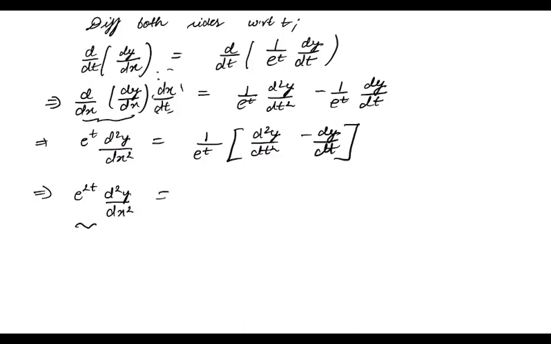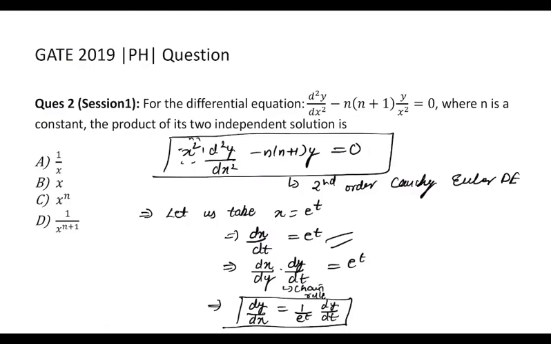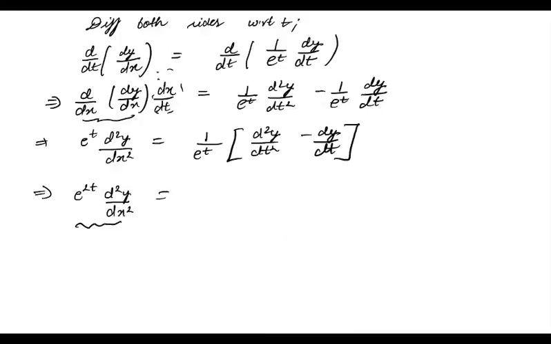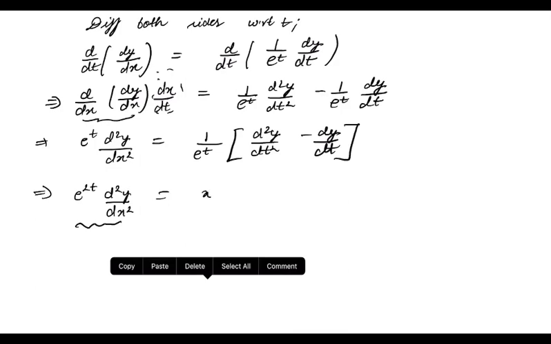Now this term e2t d2y by dx square is nothing but x square d2y by dx square, because x is equal to exponential t.